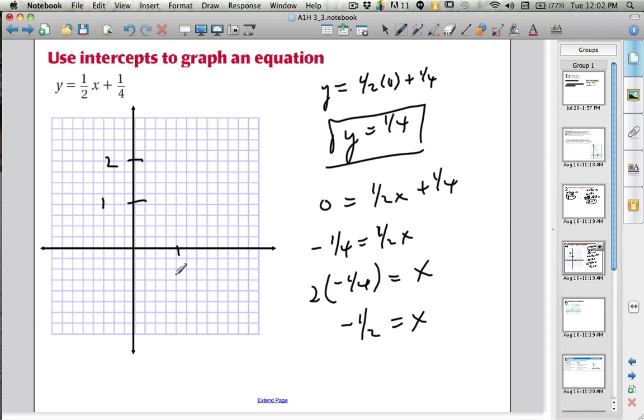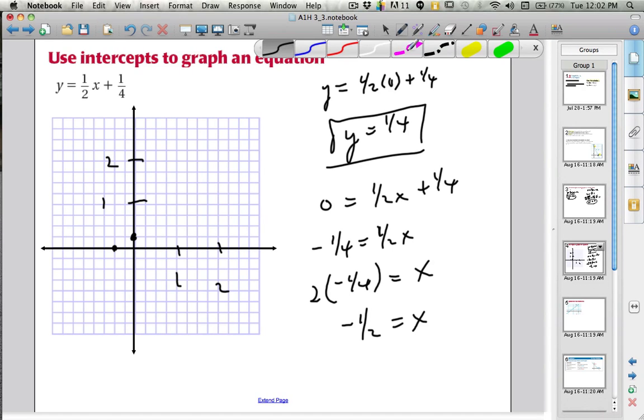If that's what I did vertically, I'm going to try to do the same horizontally. So when we look at the y-intercept, it's at 1/4. That's right here. And my x-intercept is at negative 1/2. So that's 1/4, 2/4. That's negative 1/2. And this is my equation, or my graph, based on the intercepts.